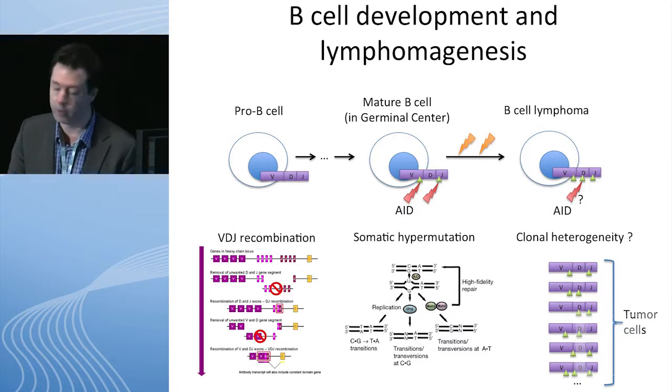This is a process where there is a single V segment from the germline genome that's picked randomly from a group of Vs, a single D segment that's picked randomly as well, and a single J segment that's picked randomly as well. And these three segments picked randomly are fused into what's called a VDJ recombination. This is what codes for antibodies, as you all know.